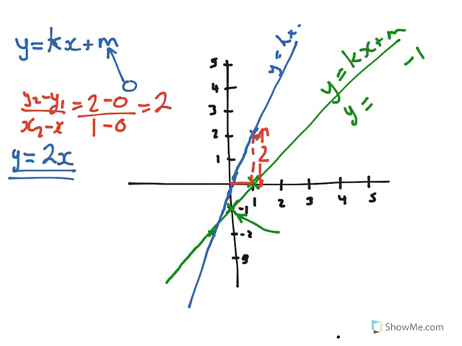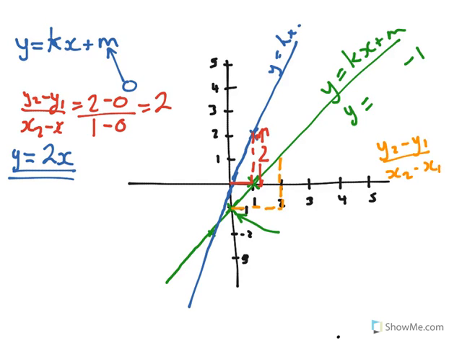Now we need our green gradient. So we drop down some verticals. Let's choose some yellow ones here. It's pretty easy to do it from here down to here. We're going to get y2 minus y1 over x2 minus x1.